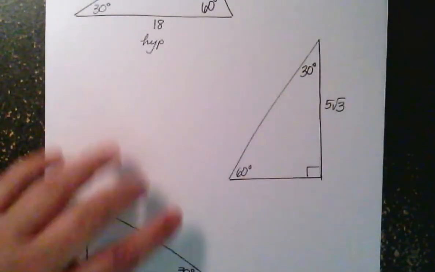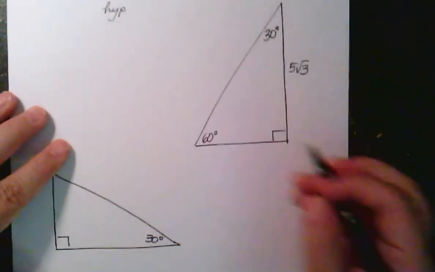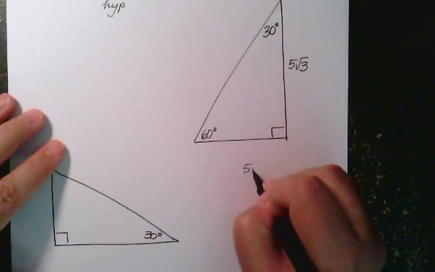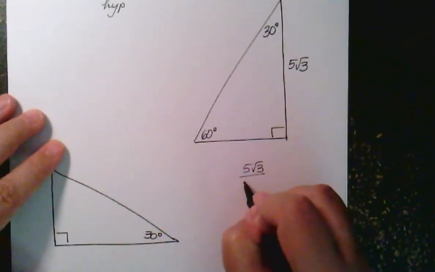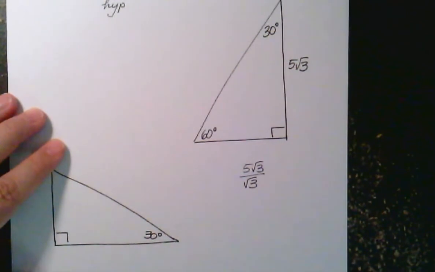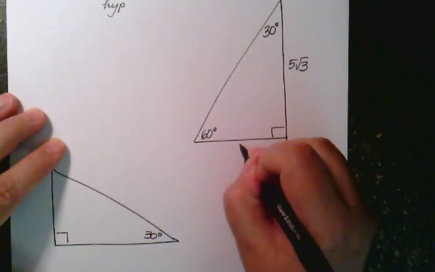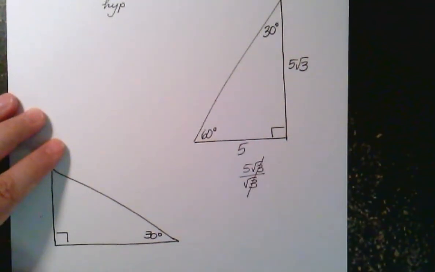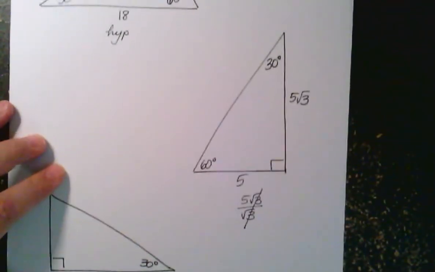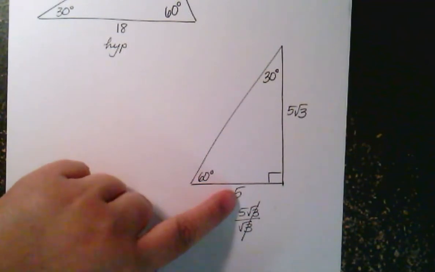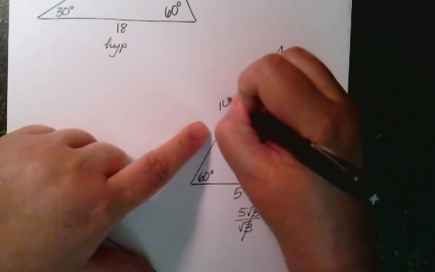So in this particular one, I'm dividing by square root of 3, and it's really a nice, clean answer. Because there was already a root 3 in my length, when I divide by root 3, wow, I get 5. Those just cancel. And then the short leg times 2 gives me the hypotenuse.